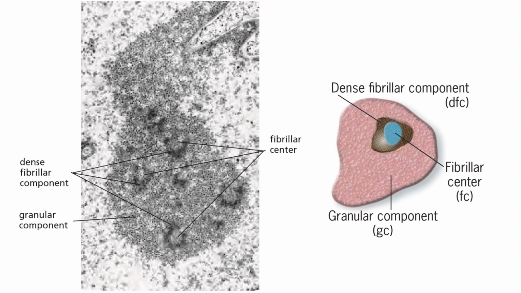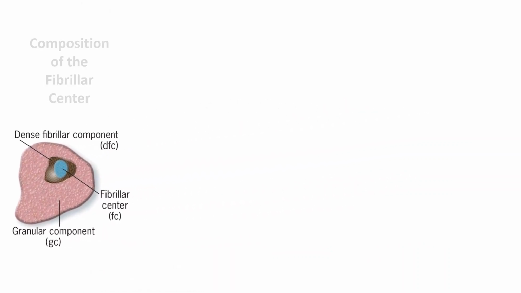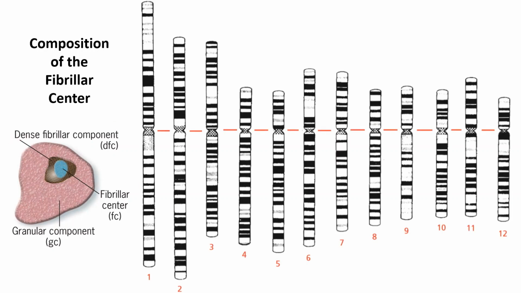So here's a simpler illustration. You have the fibrillar center here, the dense fibrillar component, and the granular component. So what is the composition of this fibrillar center? Remember we have 46 chromosomes. Let's talk about the human chromosomes.